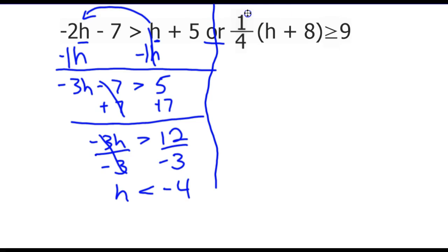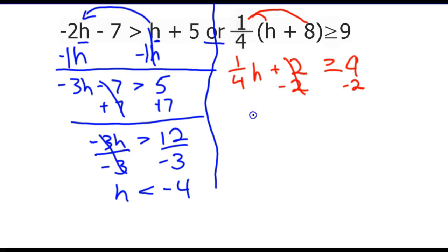And then when we go over here, we have 1/4 distributed to h and 8. So we have 1/4 h and 1/4 of 8, which is 2. Here we subtract 2, and we have 1/4 h is greater than or equal to 7.